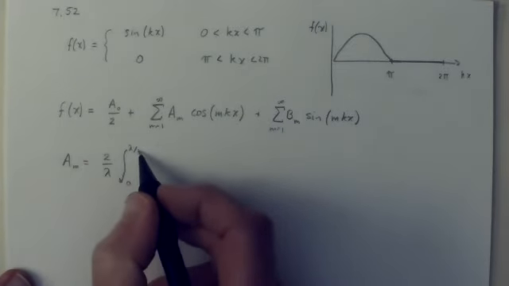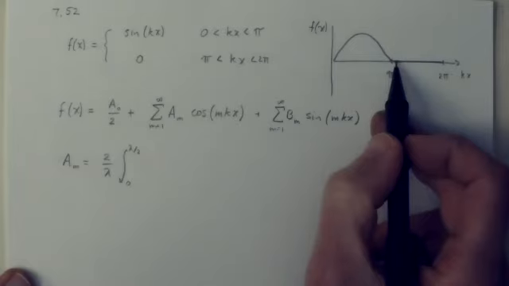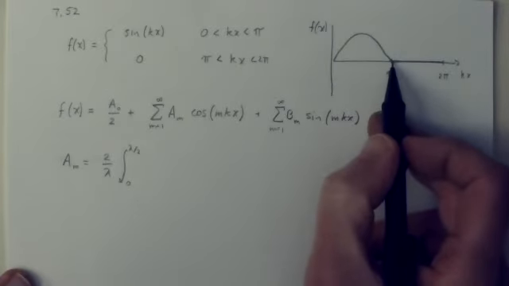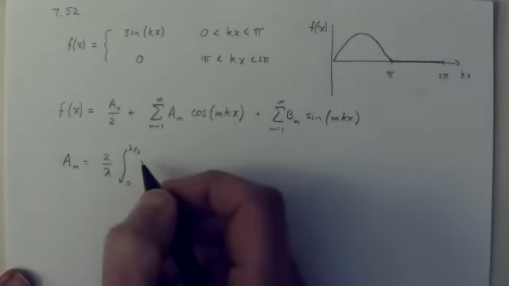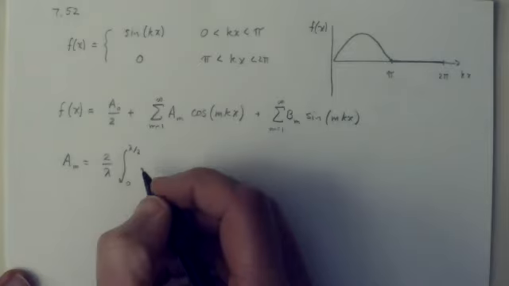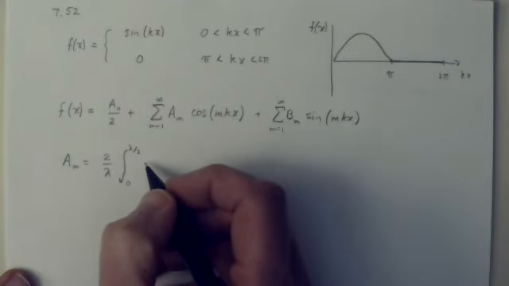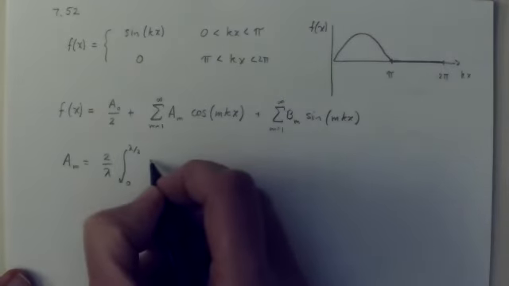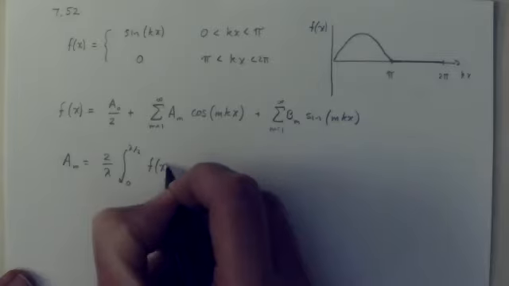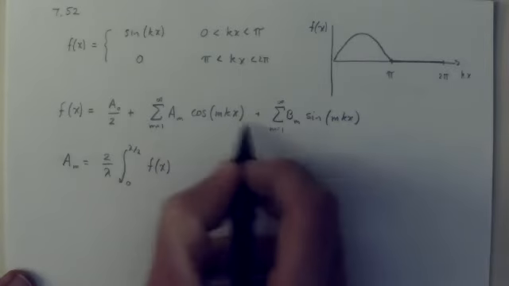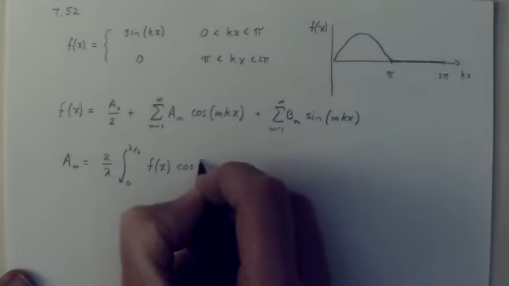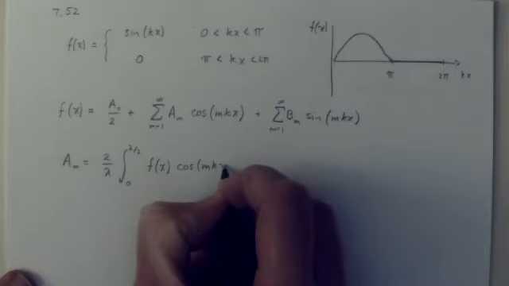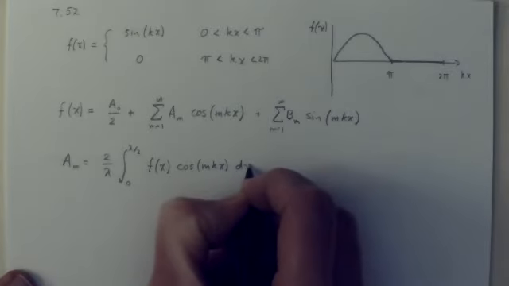I'm already putting in lambda over 2 because there's no need to integrate beyond this point. There's nothing there. We're going to get a 0 because we're going to be multiplying by the function. So what you do is it's supposed to be f of x times the very term that we're getting the coefficient for, cosine of m kx dx.